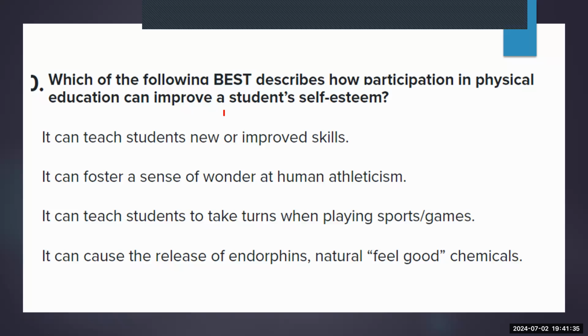I like the first one. Okay. What about this? So let's look at the others. It can foster a sense of wonder at human athleticism. Like it, dislike it?